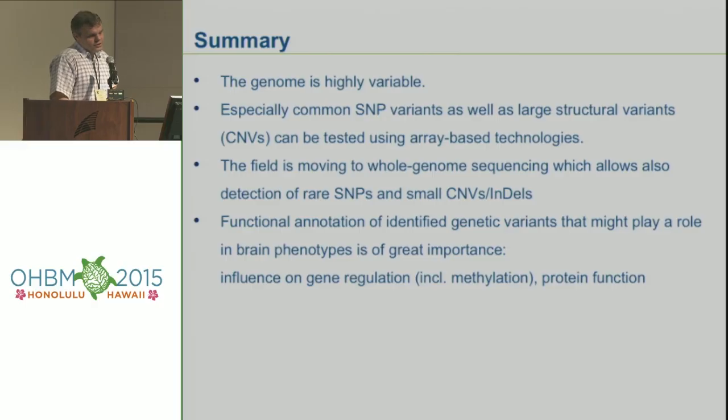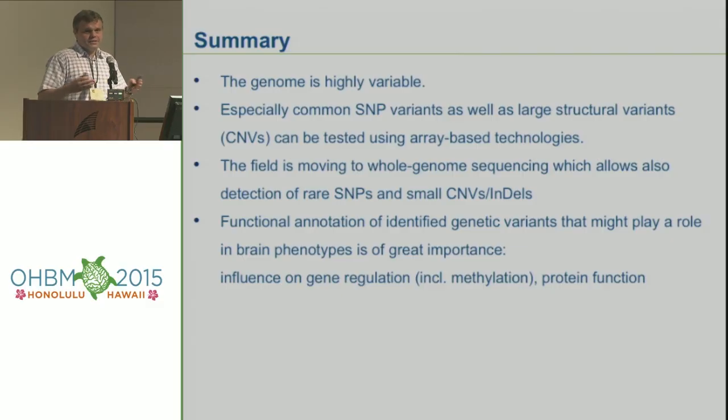What is crucial now, obviously, is the functional annotation of the identified genetic variants, because this will be a crucial step to interpret your association findings afterwards, and also to find out which variants are more interesting for association studies than others. That's another problem that you will certainly hear about a lot in the following talks: the problem of multiple testing.